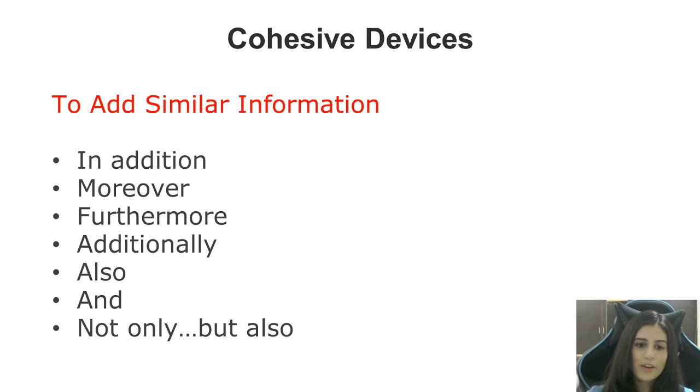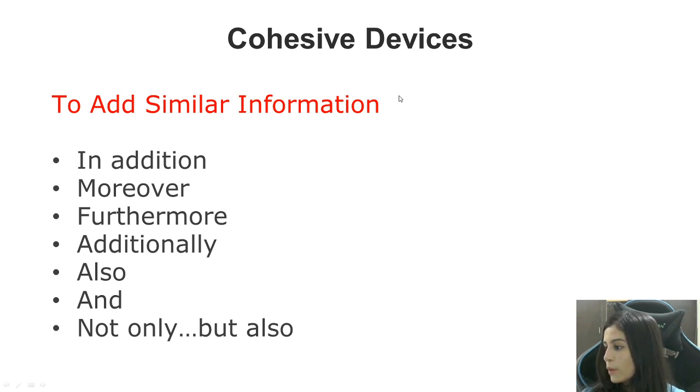Most of you might have gone through that slide because by mistake I forwarded it. But you have to tell me the connectors or the cohesive devices which can be used to add contrasting information, or by contrasting we mean opposite information. Okay, what all connectors can be used to give contrasting information?